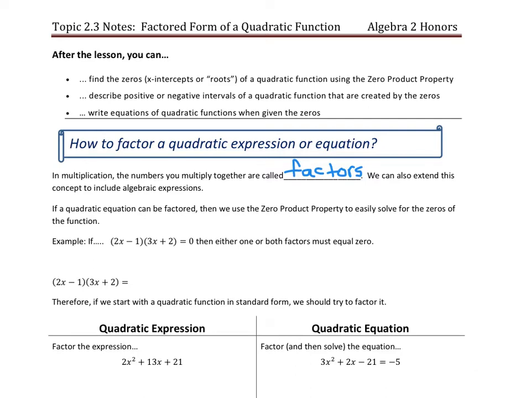So factors are really division. It's the inverse operation of multiplication. When we split something out into its factors, we're kind of dividing and we're seeing what are the things that make up that product. And we can extend that thought process to algebraic expressions, which is really what we're going to be doing here with factoring quadratics.